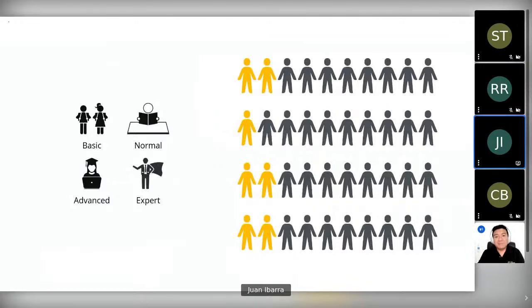Muy bien, lo que esta gráfica quiere explicar, espero que se entienda de esa manera, es que tú puedes tener el conocimiento básico, normal, avanzado o experto, ¿ok? Esto es lo que tú tienes y que puede ser que lo hayas logrado porque fuiste a un curso, porque te entrenaste, porque hiciste un autoestudio, ¿ok?